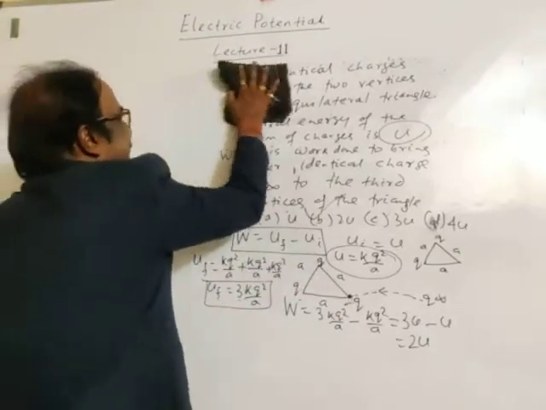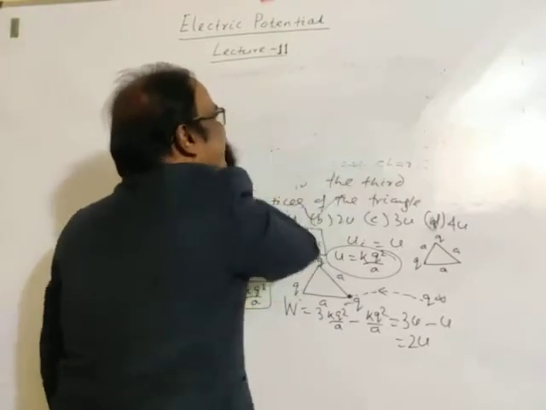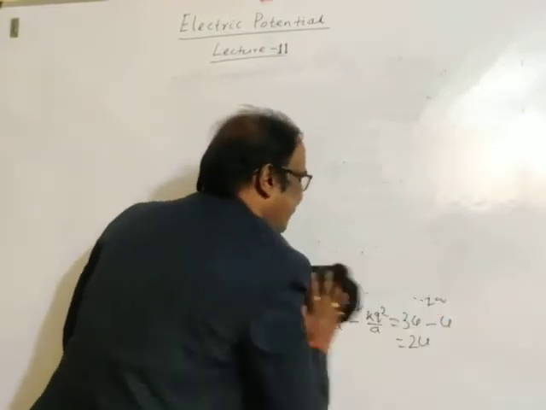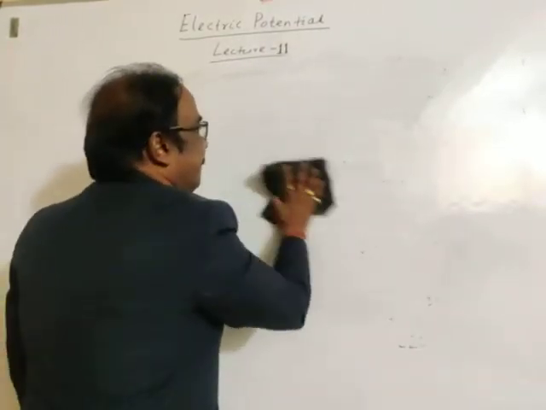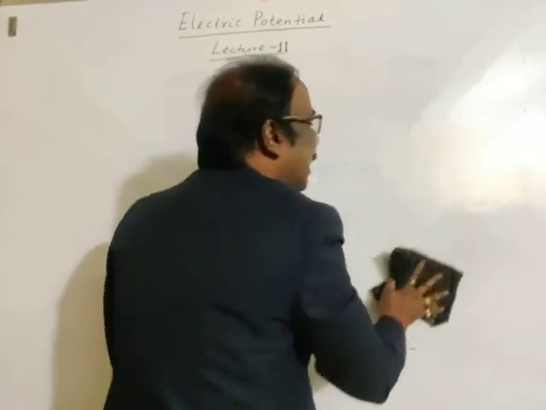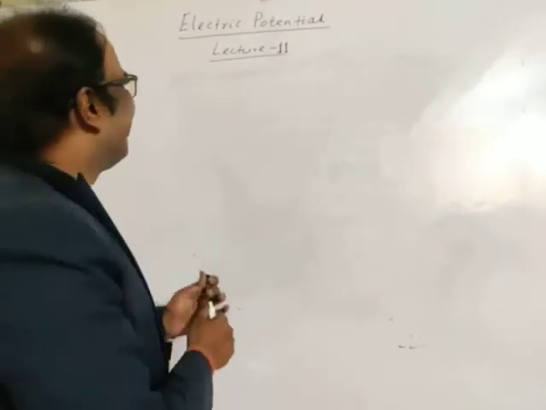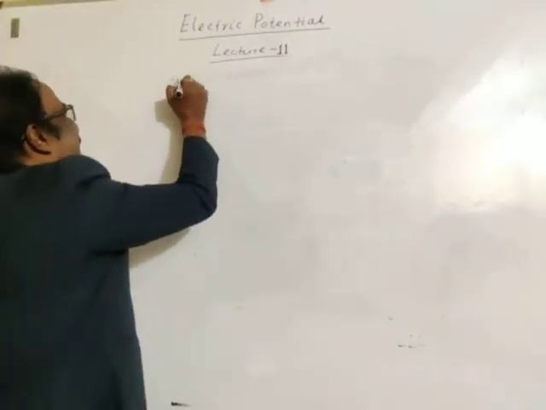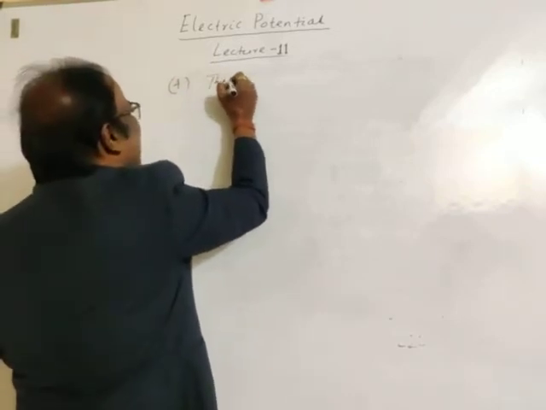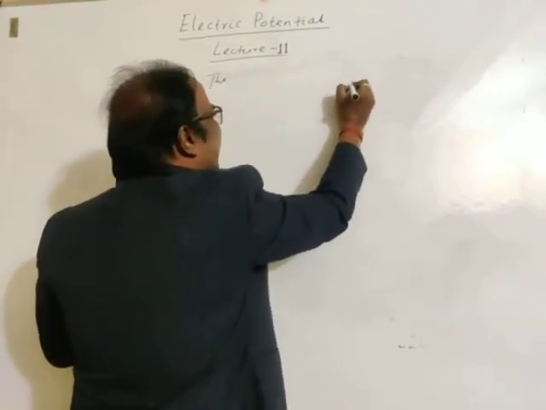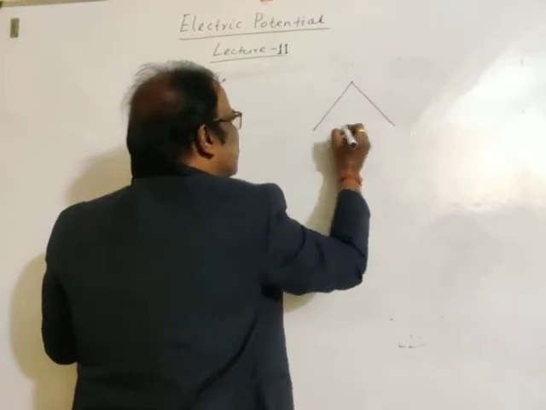Number 4. Again another easier numerical. Three charges, I am showing you in the diagram.